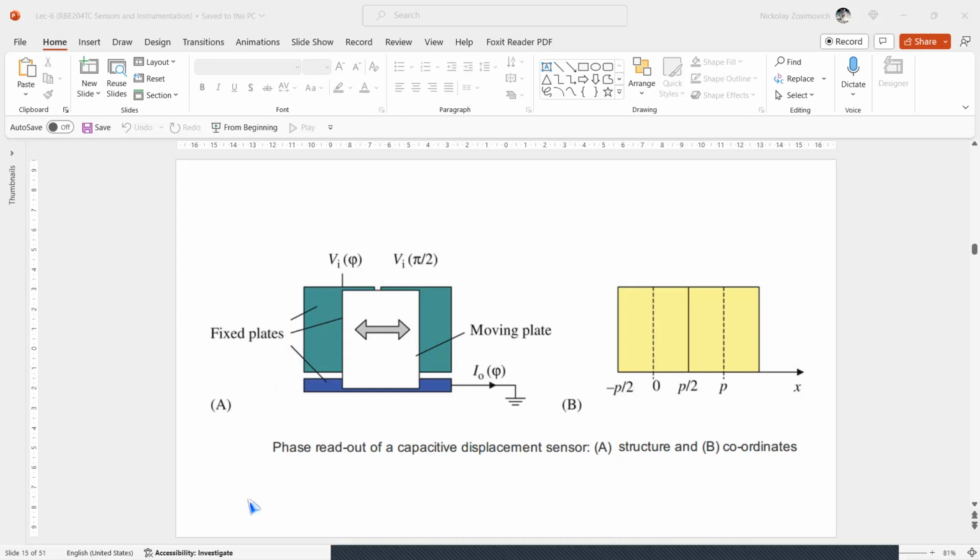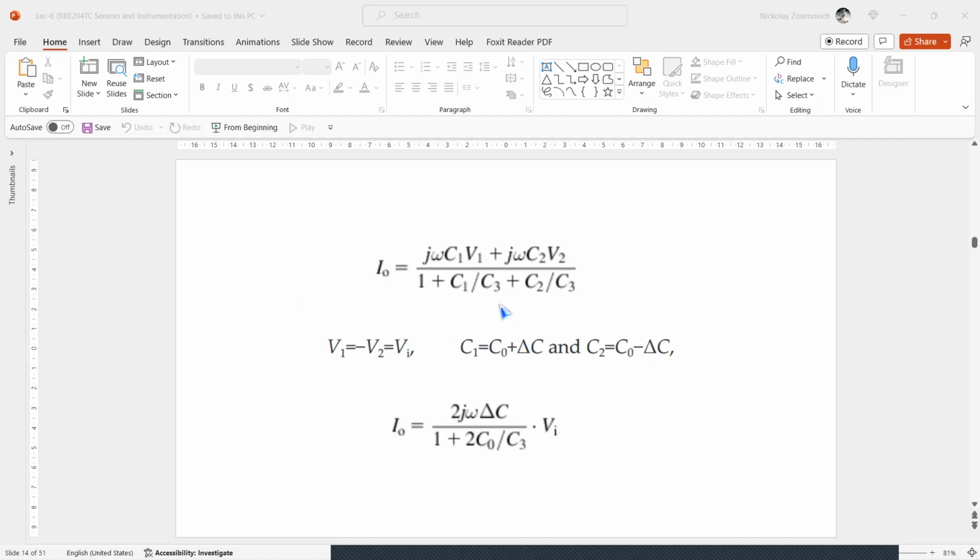When the moving electrode is just opposite the left plate, the phase of the output current is just pi over 2, according to the first equation in this slide. Okay? When the electrode arrives just above the right plate, the phase is pi.